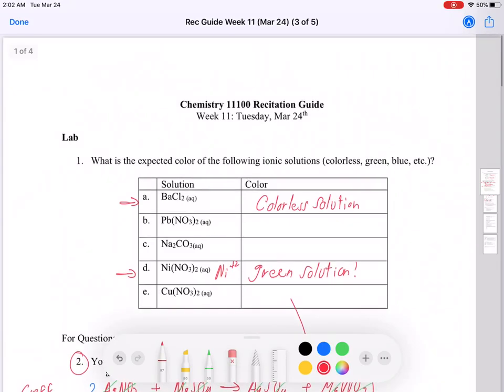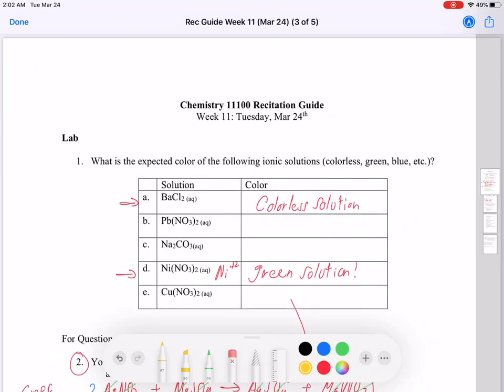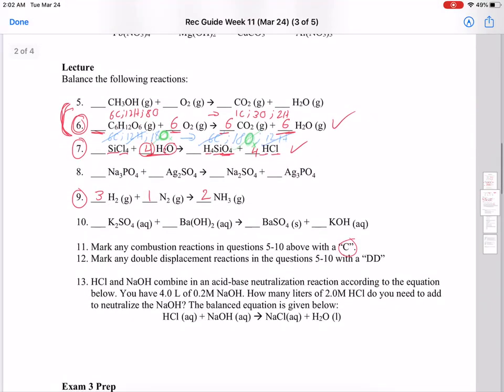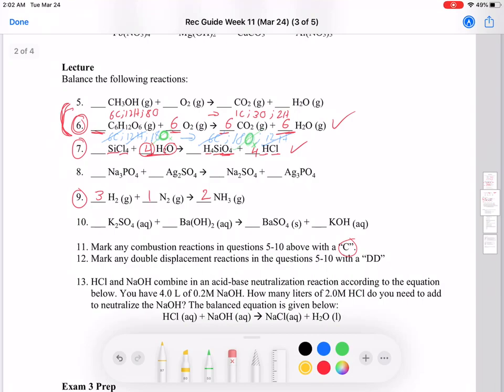And to burn something, you always need to add oxygen. So if you add oxygen and you add heat, which is the part they are missing here, we always put a delta to specify that this is getting heat, this is gonna be a combustion reaction.